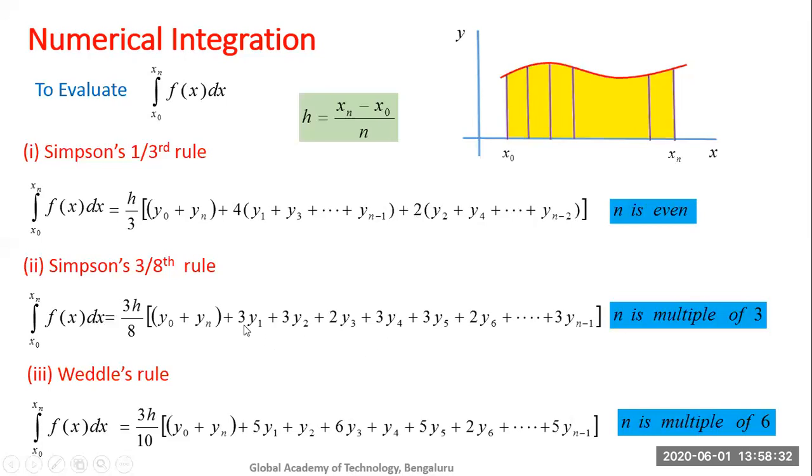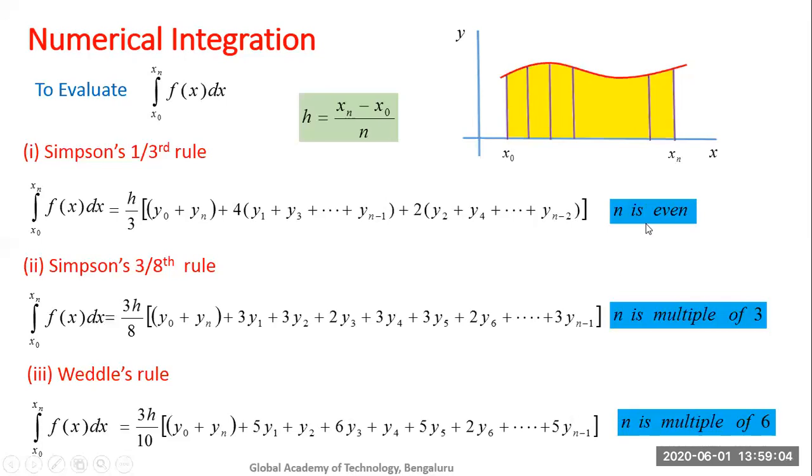For 3/8 rule, we have 3, 3, 2: 3y1, 3y2, 2y3, 3y4, 3y5, 2y6, and so on. And for Weddle's rule, we have 5, 1, 6, 1, 5: 5y1 plus 1y2, 6y3 plus 1y4 plus 5y5. And if it continues, we have 2y6. Now again, the same sequence follows. So this also ends with the yn minus 1 term.